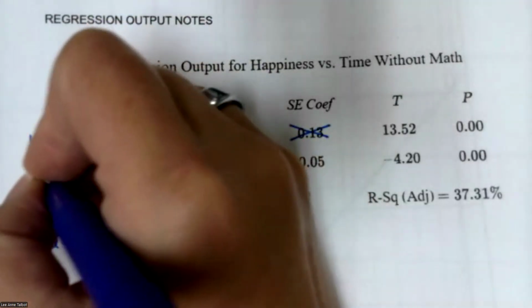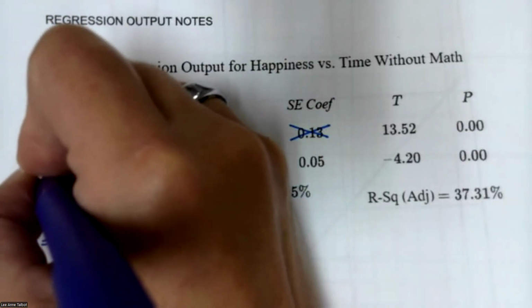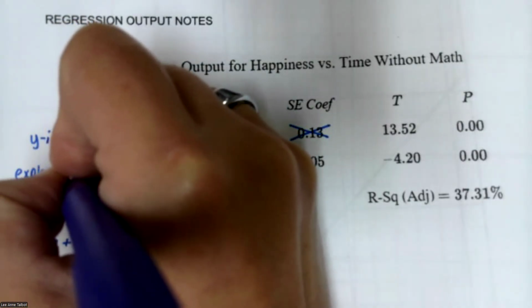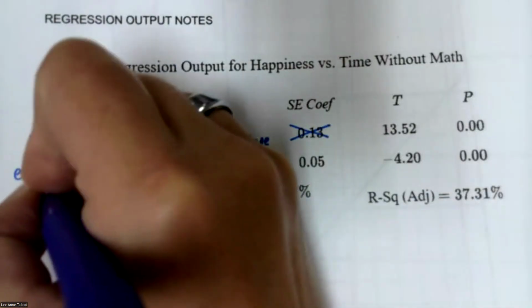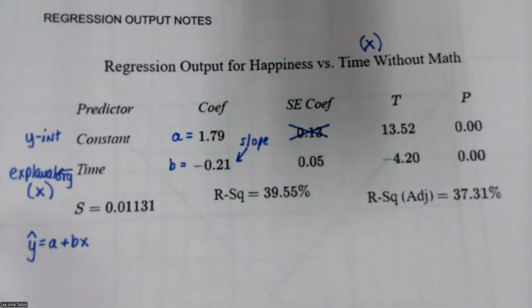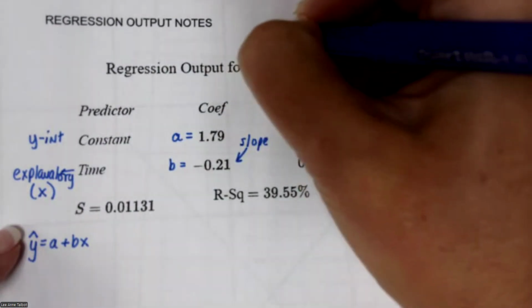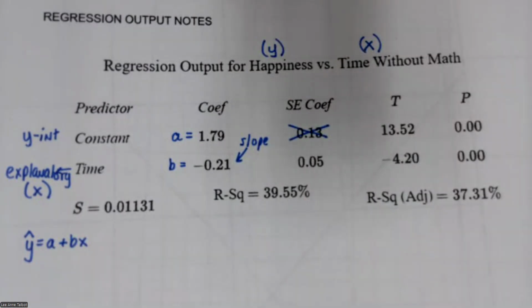But it also tells you that time is the explanatory. I just wrote that because I was going to write X. What I mean by that is it tells you which variable would be the X, and then this one would be the Y. Okay, so let me review.